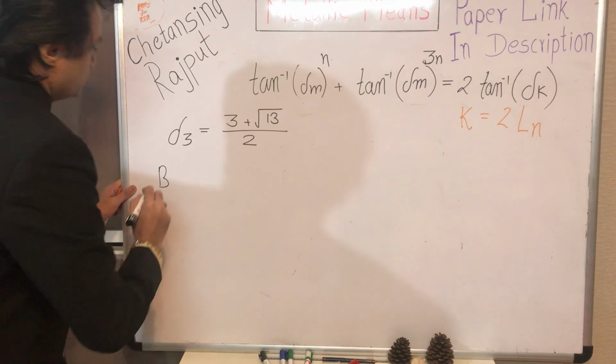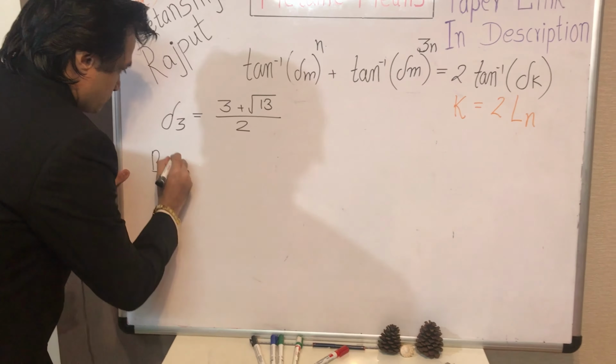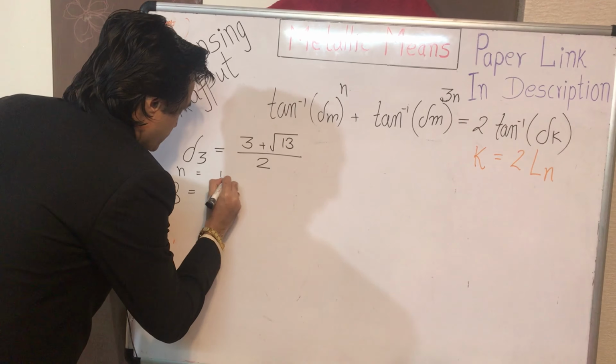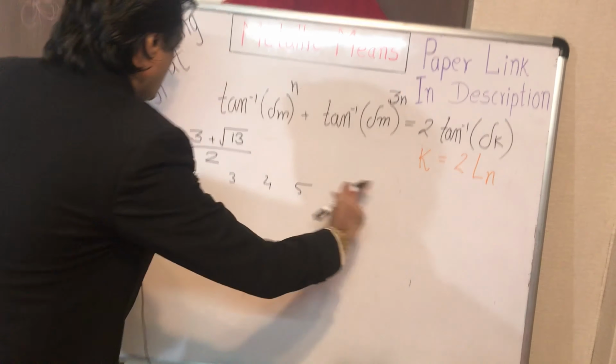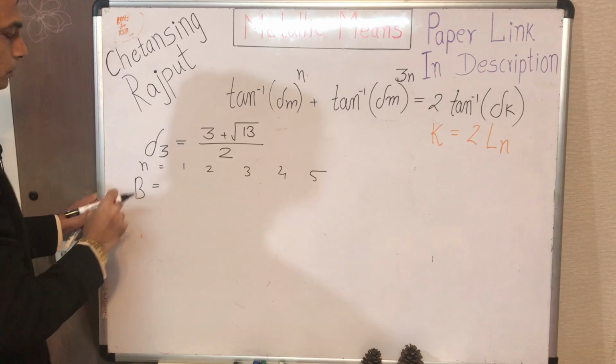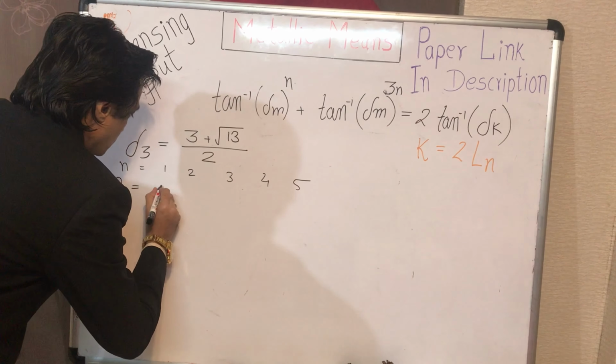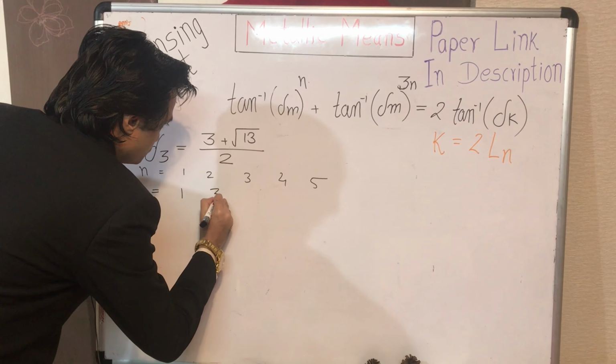Let's call them the bronze numbers, and if n is equal to 1, 2, 3, 4, 5 and so on, the bronze numbers will be 1, 3, 10, 33 and so on.